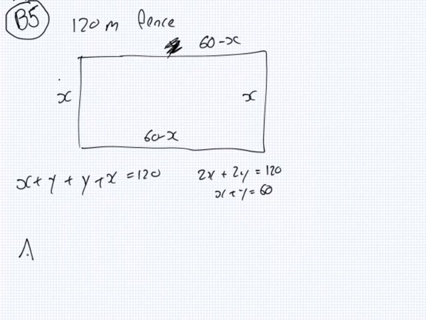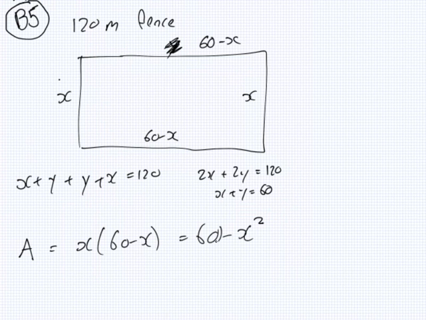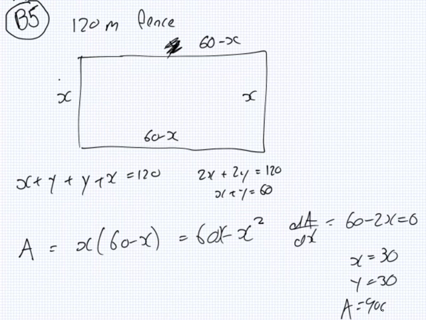Okay, so the area is x times 60 minus x, which is 60x minus x squared, and the derivative is 60 minus 2x, which needs to equal 0, so x equals 30 and y will equal 30, so the area is 900 meters squared.